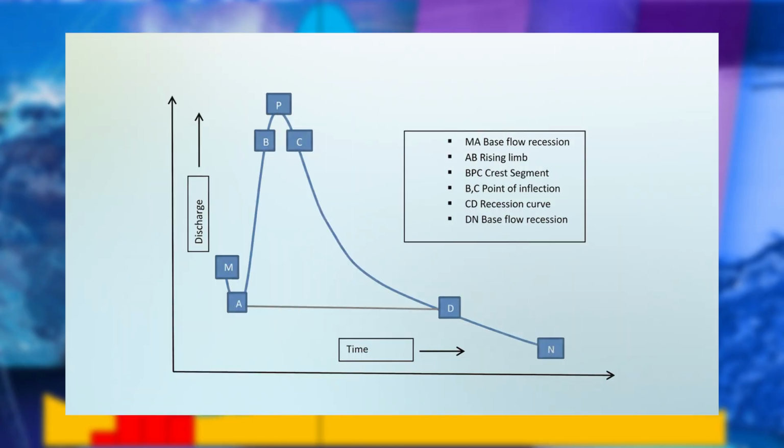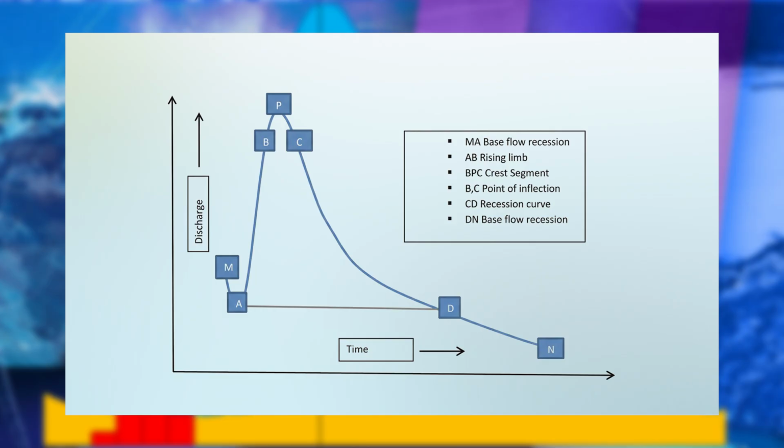Knowledge of this peak discharge helps in determining the maximum volume of water that must safely pass through a given channel section or structure, making it a key parameter in hydraulic design. The points B and C on this curve are known as inflection points.